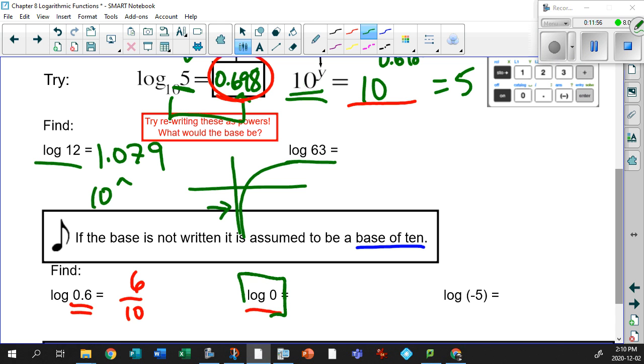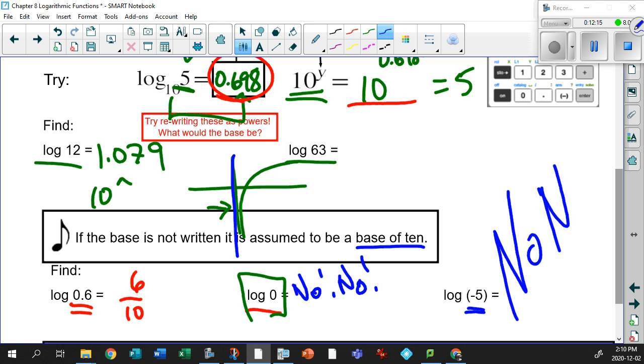That's not allowed, right? And if you think about it, anything less than this asymptote is not allowed either. So I can predict the answer to that one right now. I bet you this one is no, and I bet you this is even a bigger no.